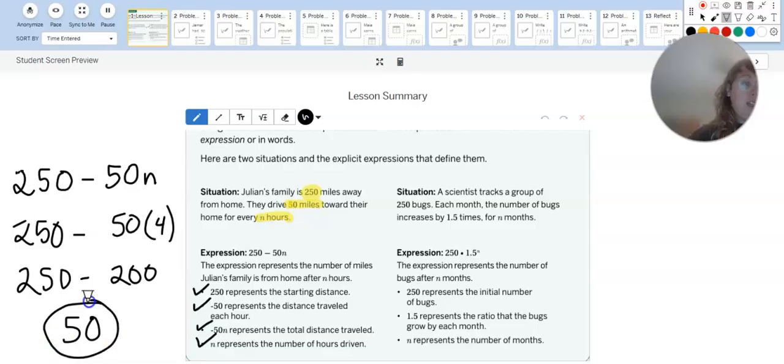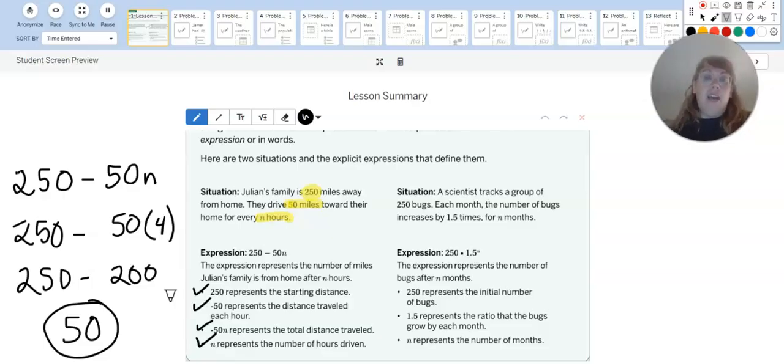So the sequence term after 4 hours is 50. So it's nice and easy. We don't have to figure out what the second, third, and then fourth is. We can just plug a value in and figure out what that term number is. So that's an arithmetic sequence, addition or subtraction.